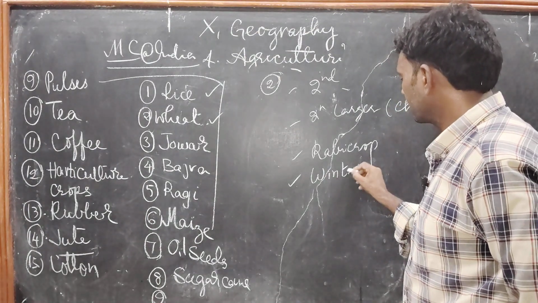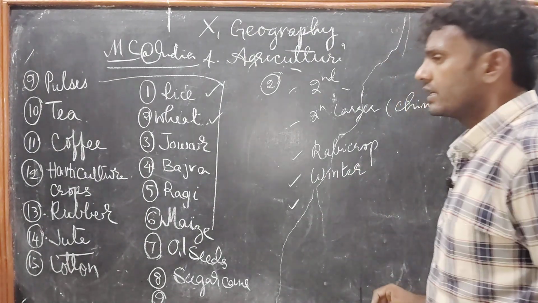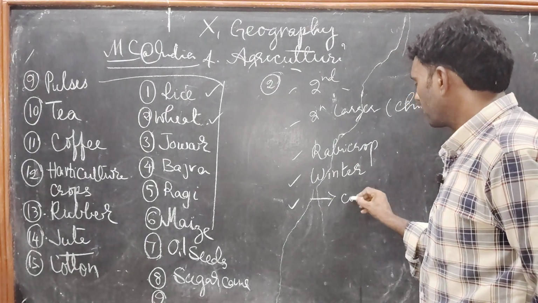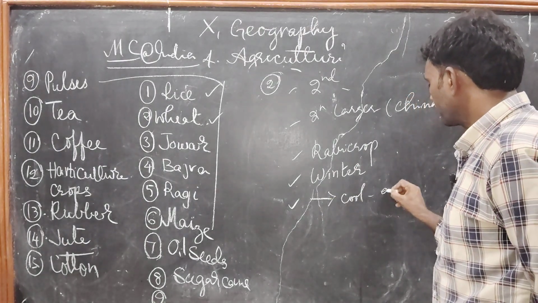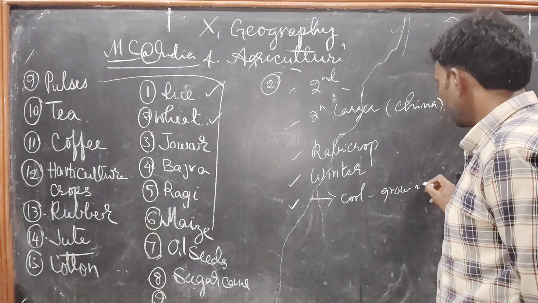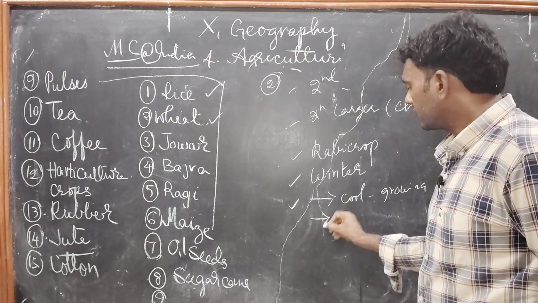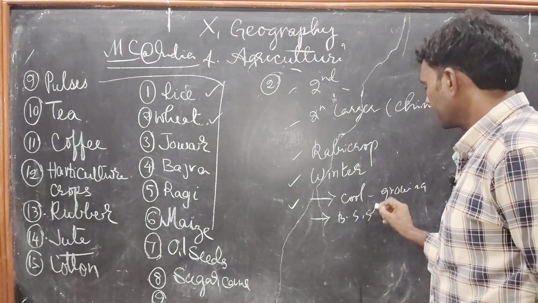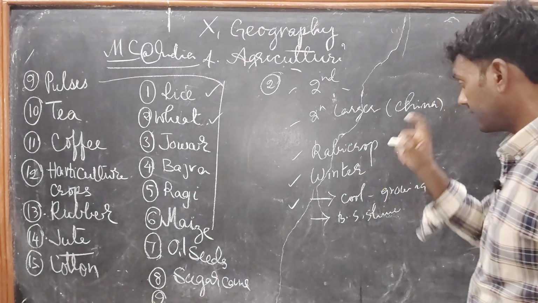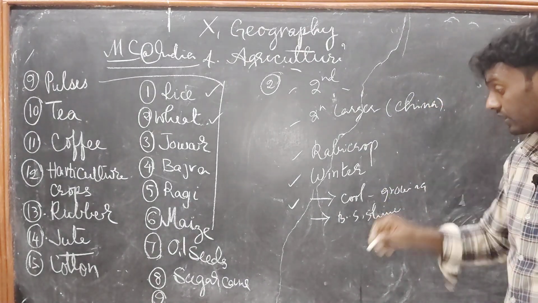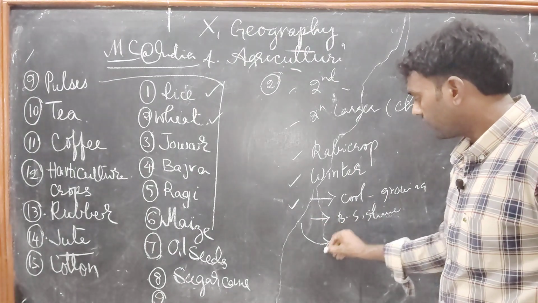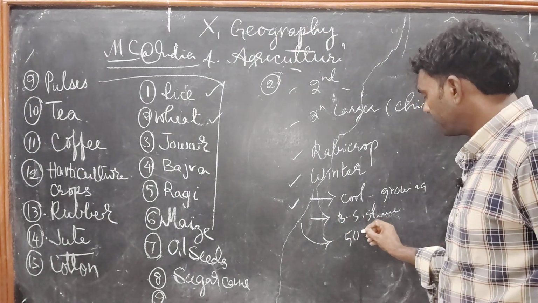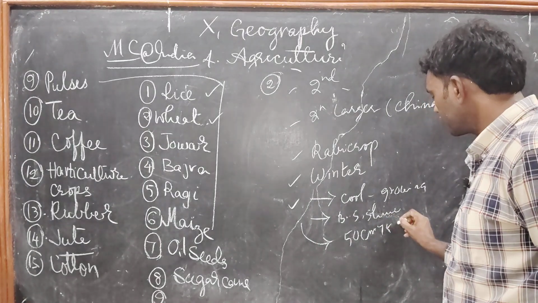What kind of climate does it need? It needs a cool climate during the growing season, and during the ripening season it needs bright sunshine, and it needs nearly 50 centimeters to 75 centimeters of rainfall.